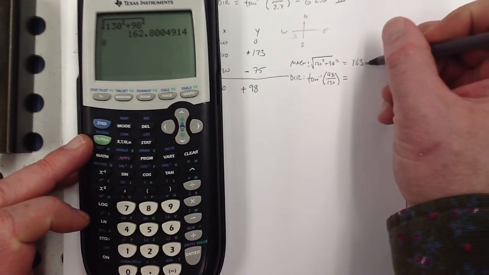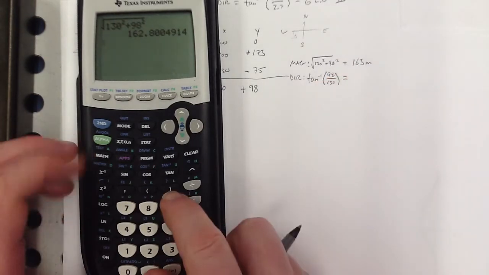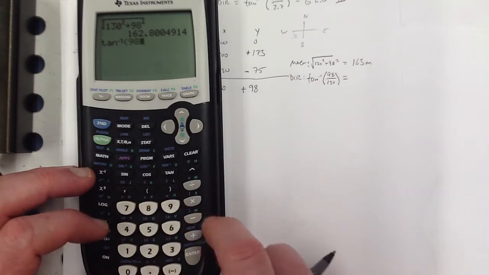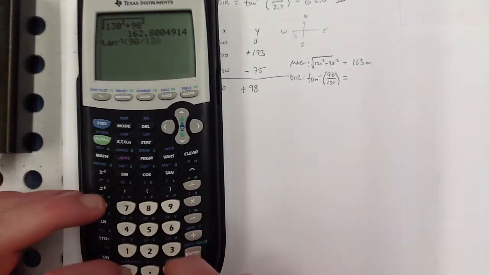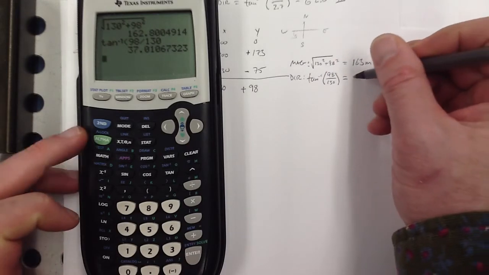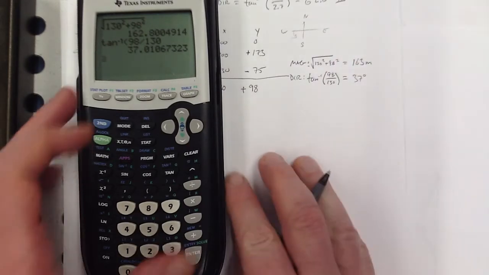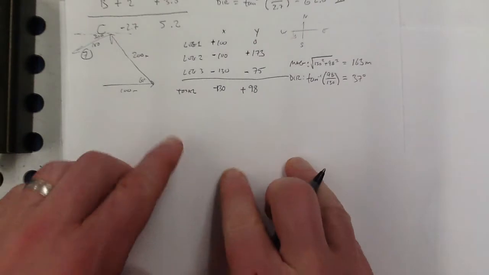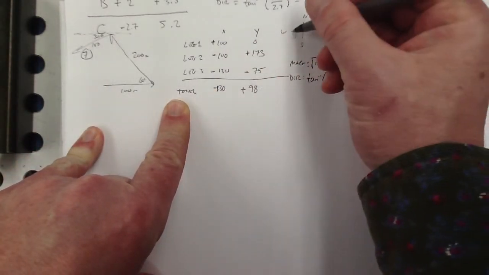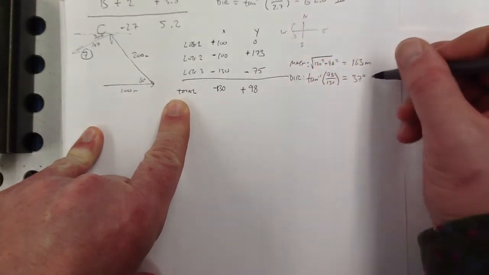Yeah, meters. And angles just have units of degrees, right? I mean, for us, I guess you can do it in radians sometimes if you're a fancy calculus person or something. 37 degrees. What quadrant are we in? We are negative positive, so that's quadrant 2. That's over here. That's north of west.